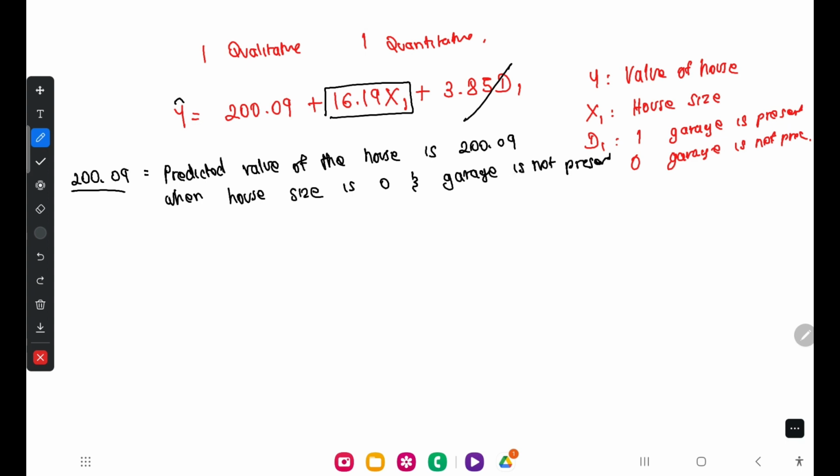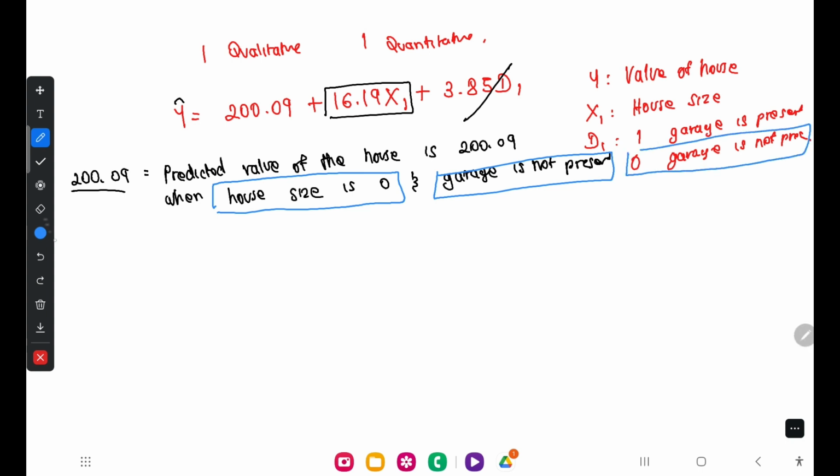What have we done? When there is a quantitative and a qualitative variable, we have to take both of those into consideration when we are explaining the intercept. So this part shows the quantitative aspect: we are saying the house size is 0. Here it shows the qualitative aspect where we are saying it is the reference category's value. So garage not present is our reference category. Okay, I hope that is understandable.